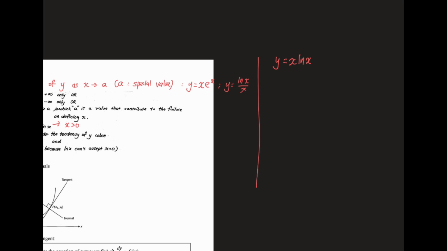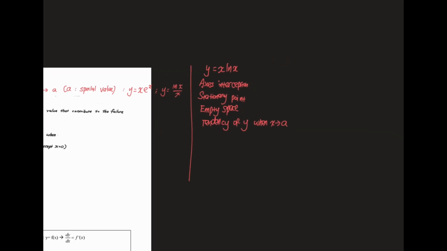I just list down: we need to find out axis intersections, stationary point, empty space, and tendency of y when x approaches a special value. So these are the techniques that we need to consider.